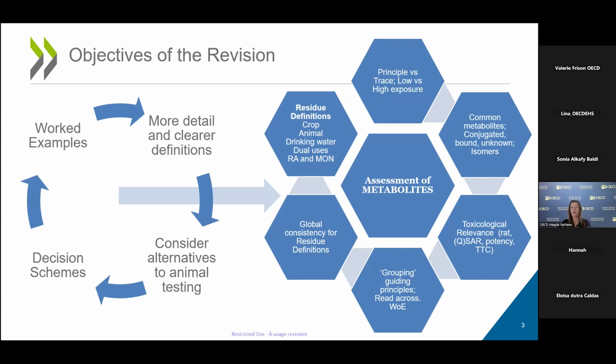Also, we had the incorporation of new approaches to define toxicological reference, moving away from rat data, but incorporating more modern approaches like grouping, guiding principles, and read-across, so we can derive global consistency for residue definition. And all this had to be done not only for dietary risk assessment, but also for having residue definition for enforcement and monitoring.